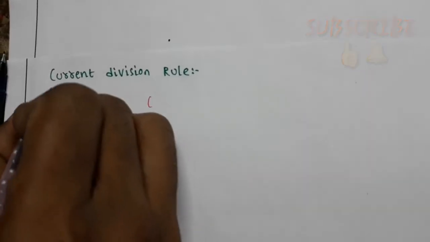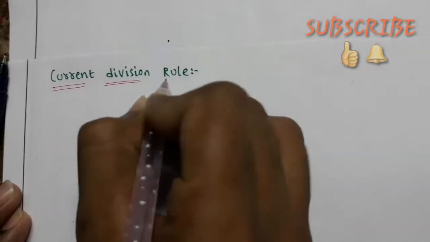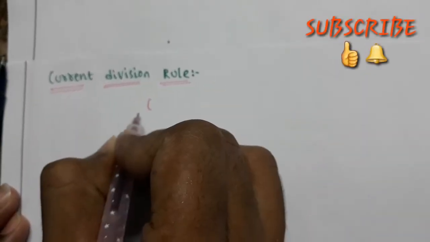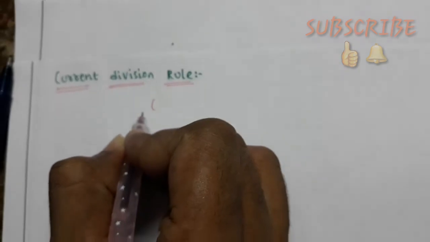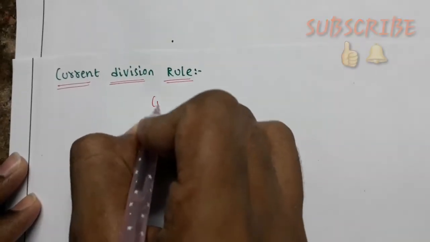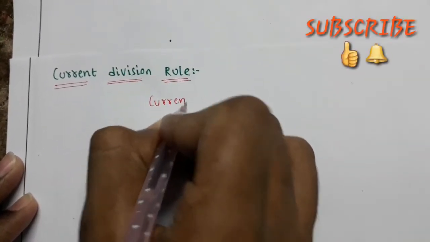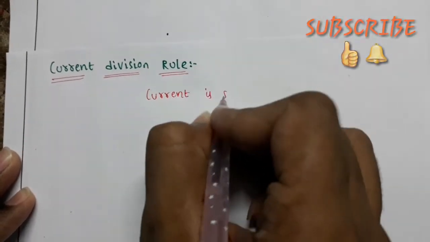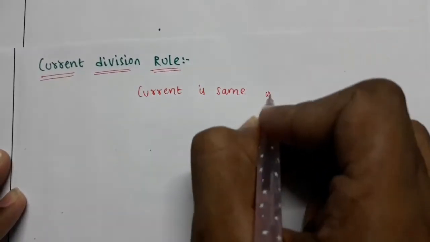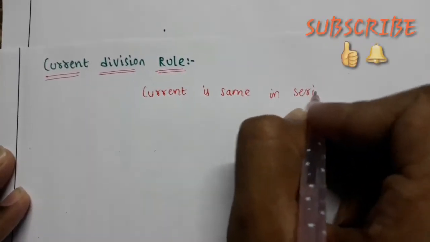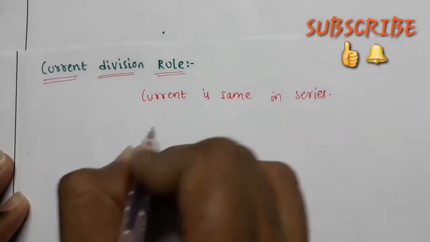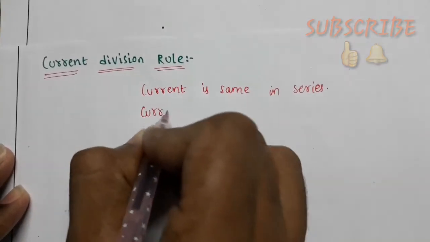Friends, current division rule. We know that current is same in series, whereas in parallel, current is different.